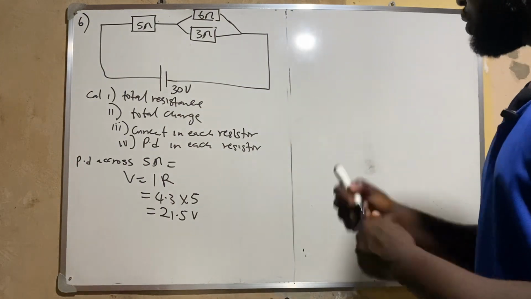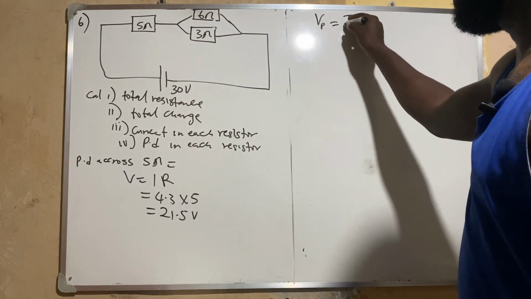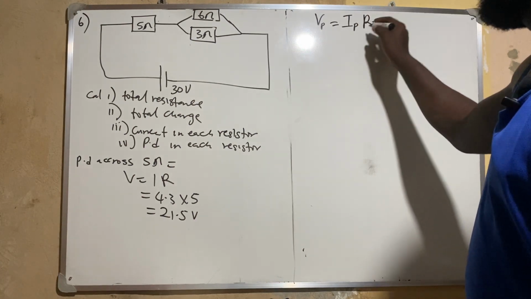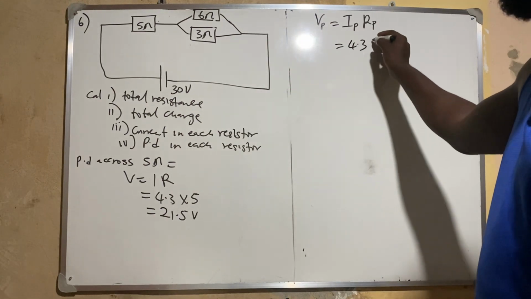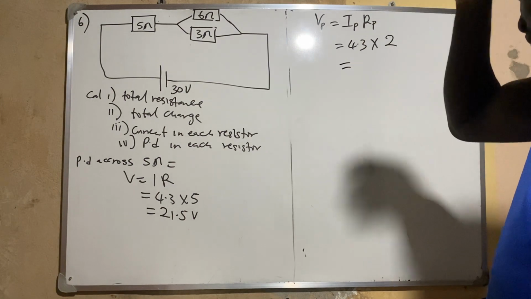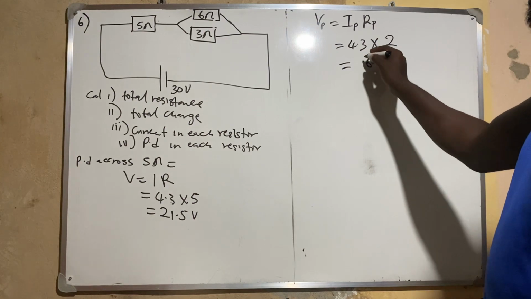So the potential difference across the parallel should be the current of the parallel times the resistance of the parallel. So the current in the parallel is the 4.3 that entered there, times the resistance of the parallel, which gave us 2. If you do that, 2 times 3 is 6, 2 times 4 is 8.